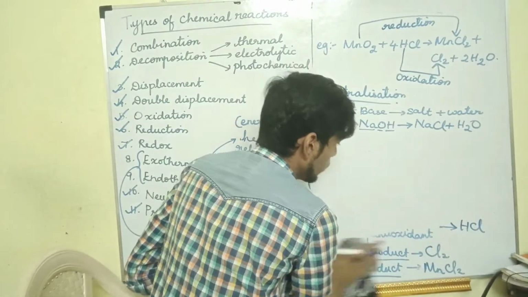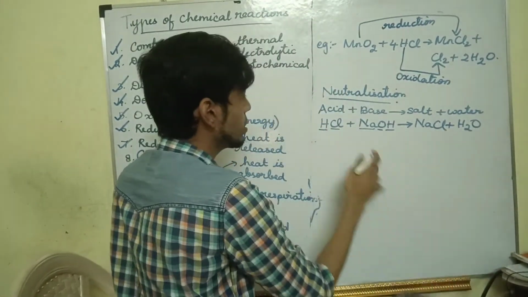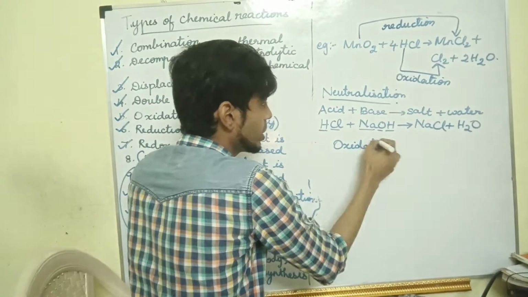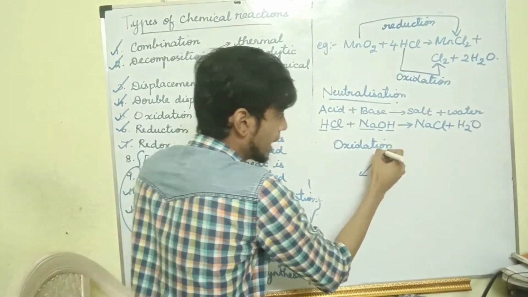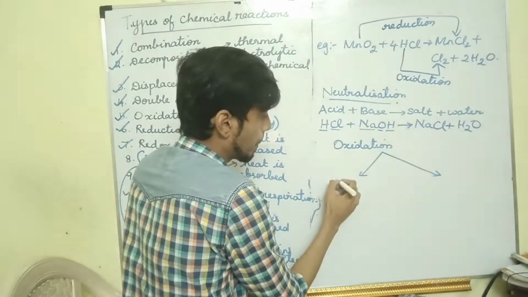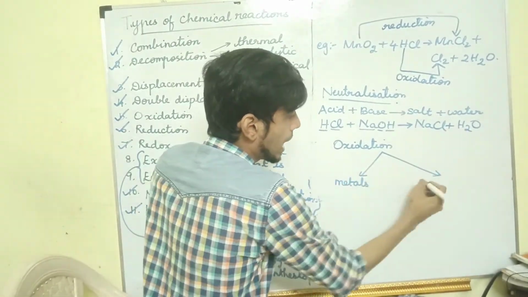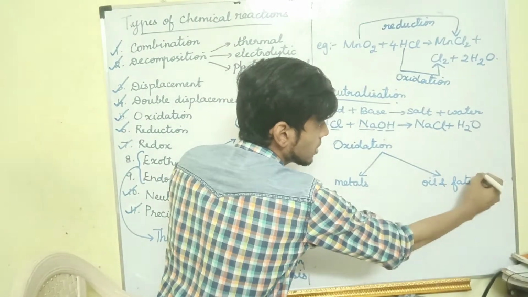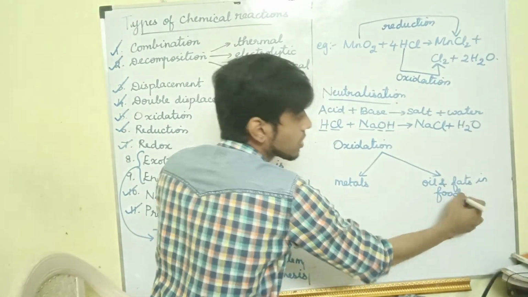Now we have to study the applications of oxidation. Oxidation can take place in metals, and it can take place in the oils and fats present in food items.